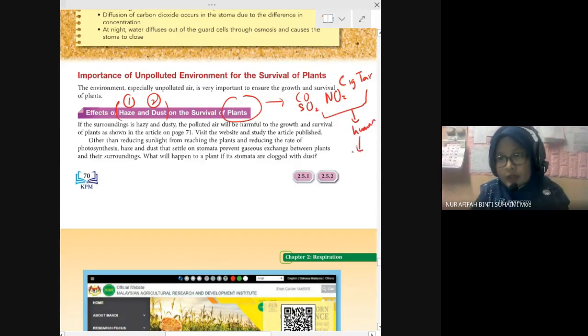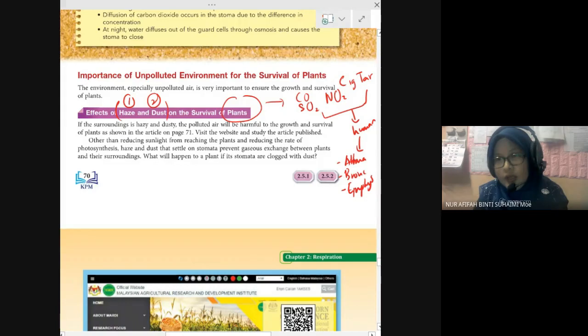That's why we have four diseases. Asthma: irritation in the air passage. Bronchitis: inflammation in the bronchus. Emphysema: inflammation in our alveolus, damaged alveolus.